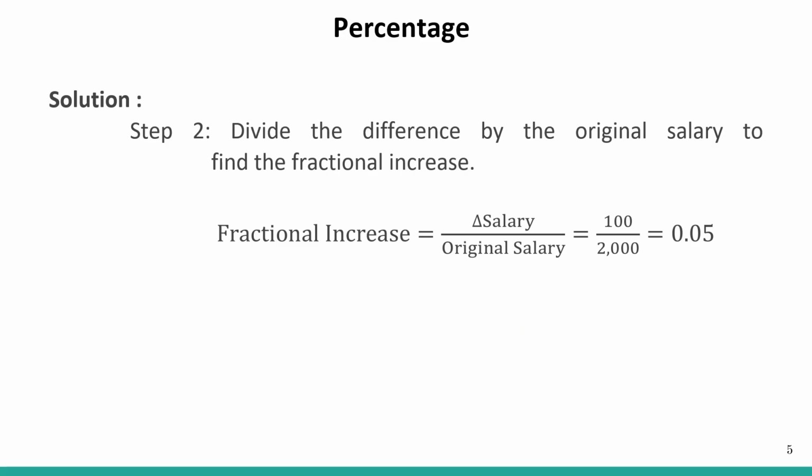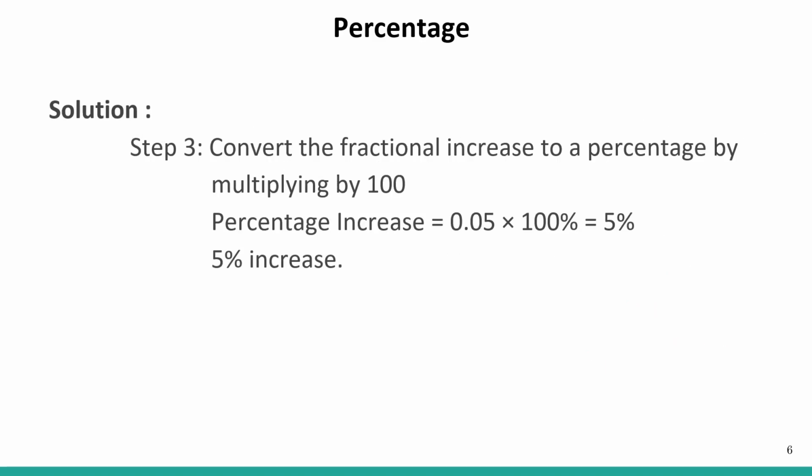The fractional increase was 100 by 2000, that is 0.05. Converting this to a percentage, we multiply 0.05 into 100, which is 5%. The next step is to convert the fractional increase to a percentage by multiplying by 100. We already did that, and we found that 5% was the increment.